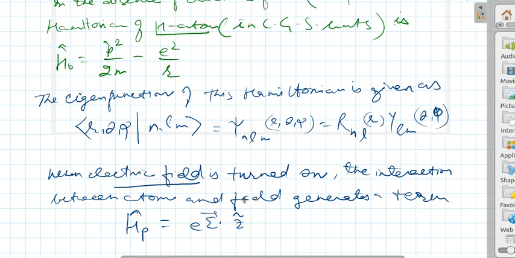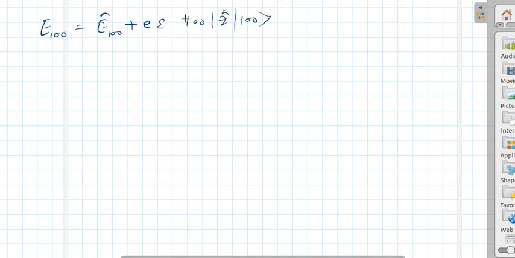Now let us try to calculate the energy. The energy up to second order perturbation is given as E100 naught plus the first-order term, the expectation value of z in the state 100, plus the second-order sum. This is from standard perturbation theory.